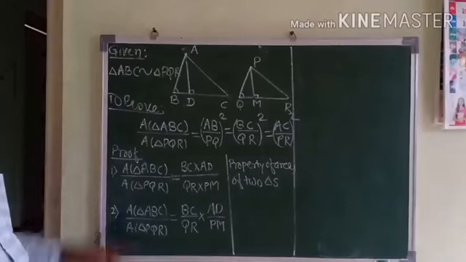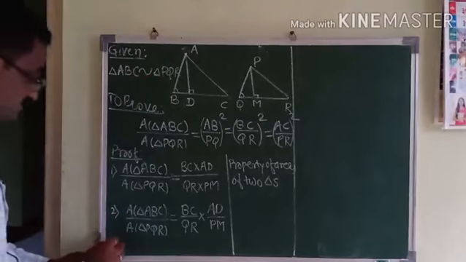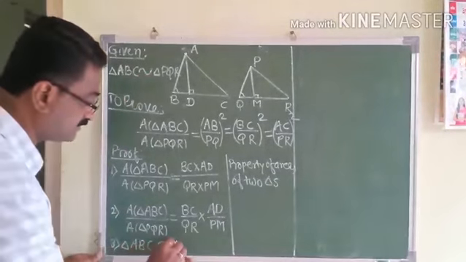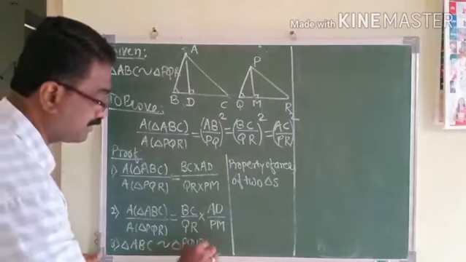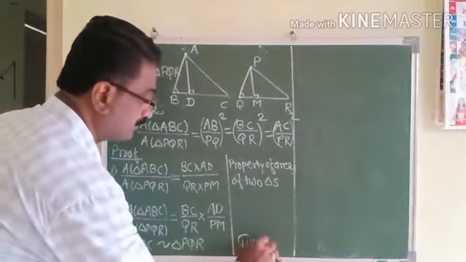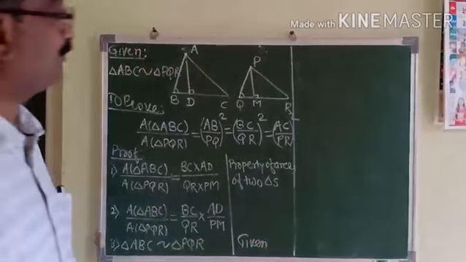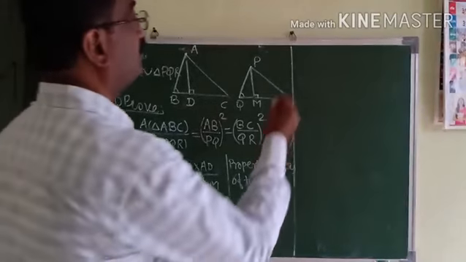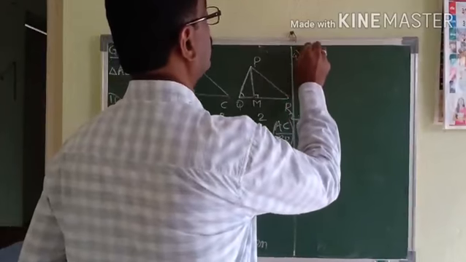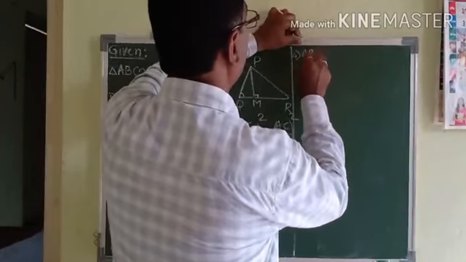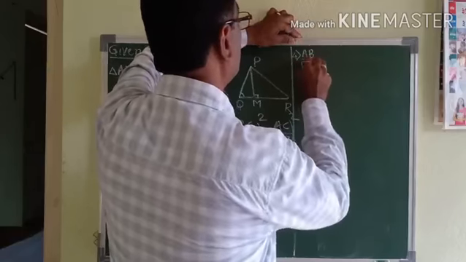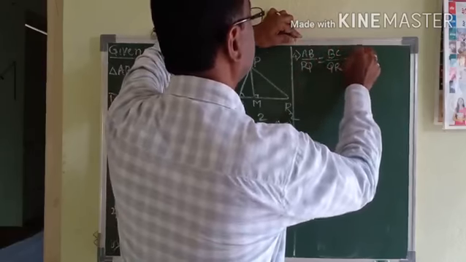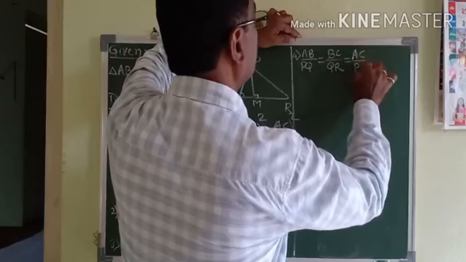For that purpose, start from the given triangles. What we have is triangle ABC similar to triangle PQR, given. Therefore their corresponding sides are in proportion and corresponding angles are also congruent. So, fourth statement: therefore AB upon PQ is equal to BC upon QR is equal to AC upon PR.